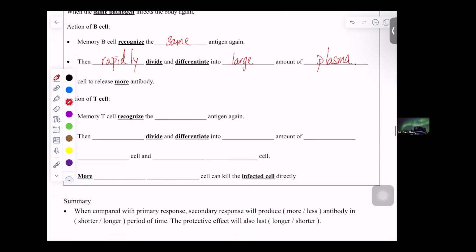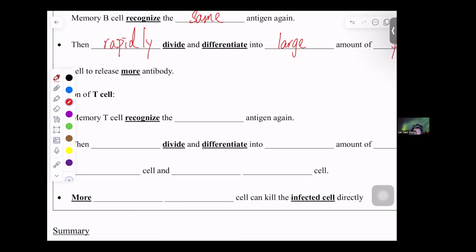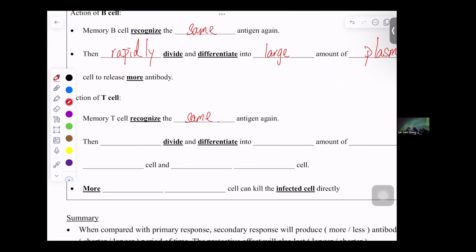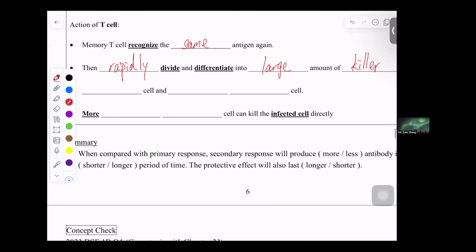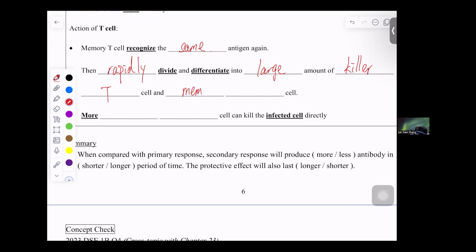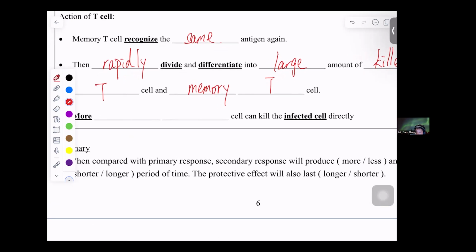Then the memory T cells will recognize the same antigen again. But what will they do? This time they will rapidly, meaning quickly, divide and differentiate into a large amount of killer T cells and also memory T cells.